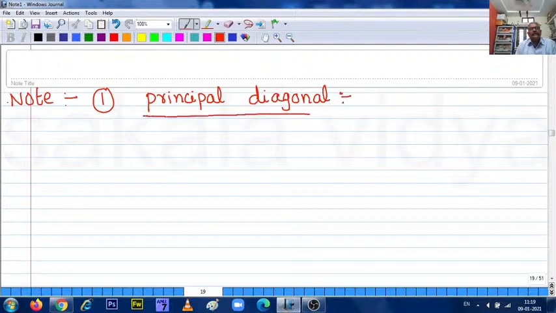So what is meant by the principal diagonal? Principal diagonal we define only in a square matrix.